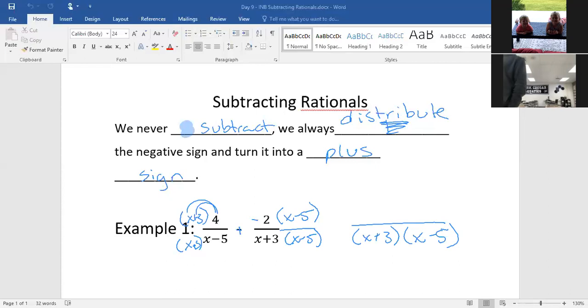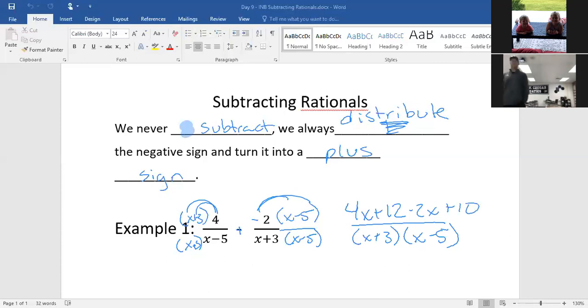Distribute the 4 into both the x and the 3. That's going to become 4x plus 12. Then I'm going to distribute this negative 2. Remember, I made it a negative 2 because it was subtraction. So negative 2 times x is negative 2x, and negative 2 times negative 5 is positive 10.